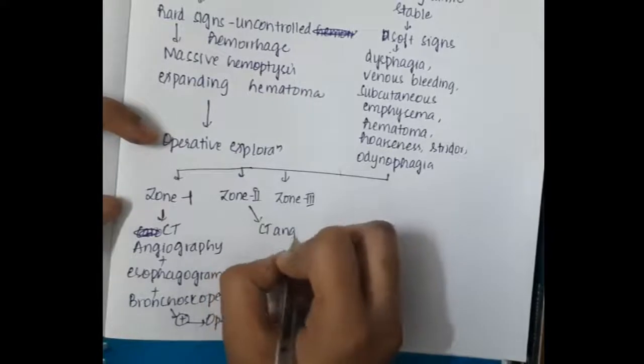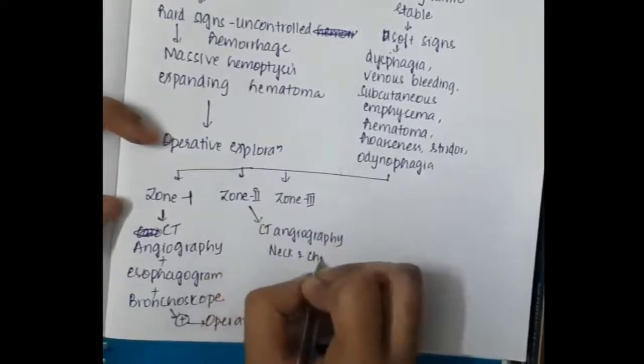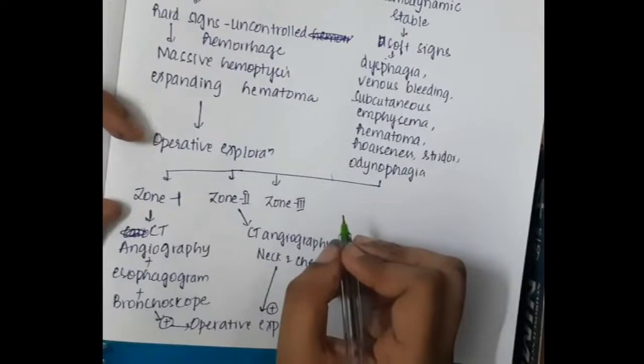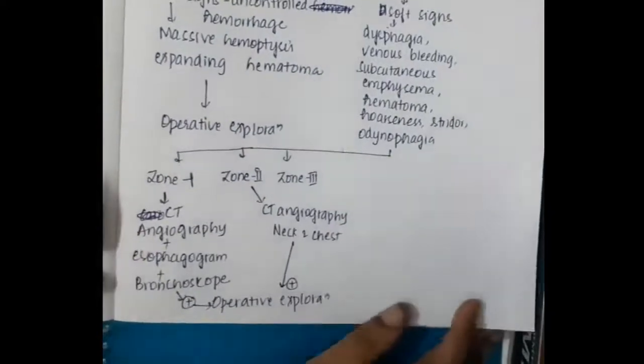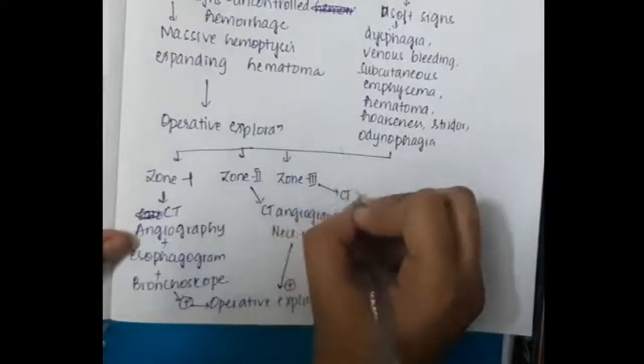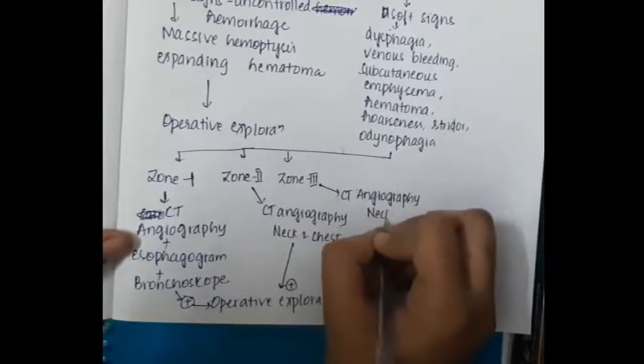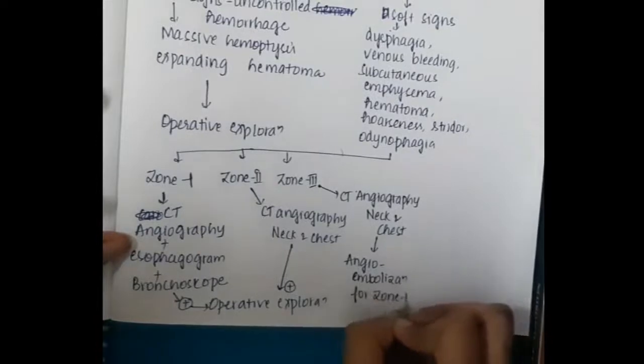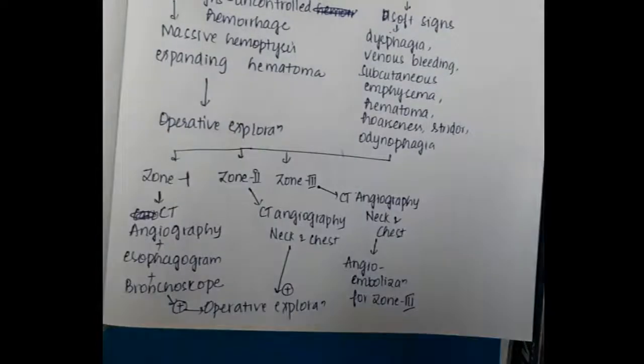Then in zone 2 we should do CT angiography for neck and chest, because here the major vessels are seen. If it is positive, then we have to go to operative exploration. Then in zone 3 we do CT angiography of neck and chest again, and if it is positive, because operative exploration is very difficult in zone 3, angioembolization is preferred.